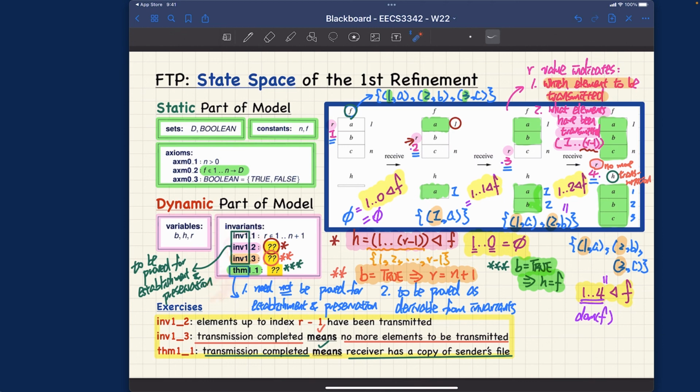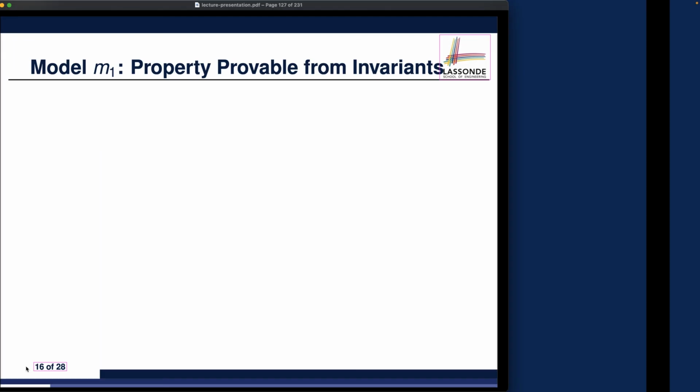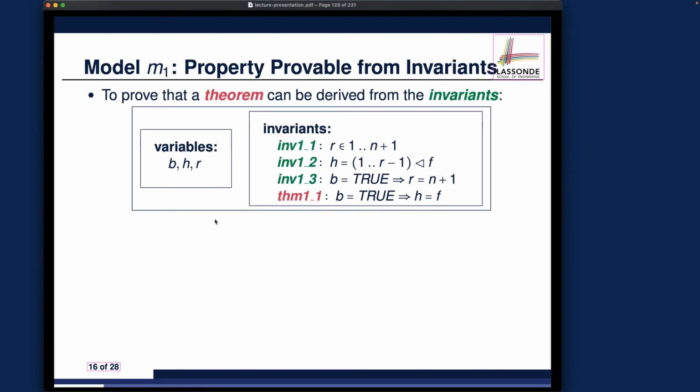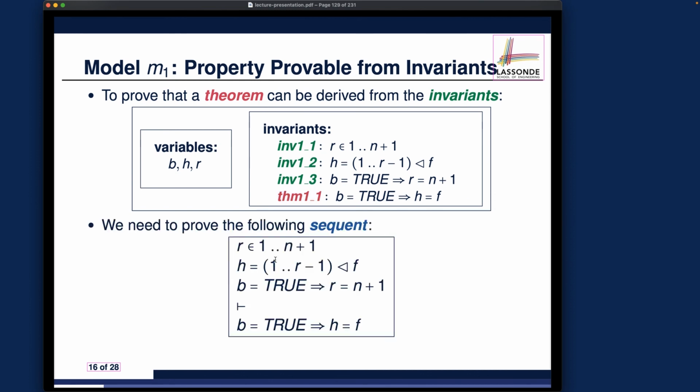That's something you want to prove. So you want to put all the 3 invariant conditions as we derived as the hypotheses for a sequent, and the theorem will be the goal. That will be something you have to prove.